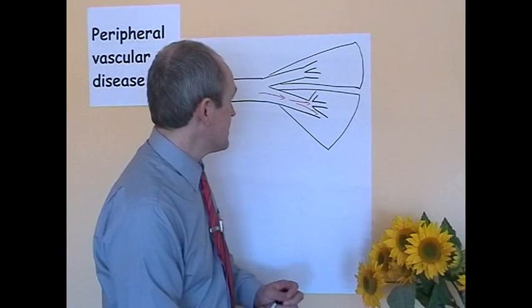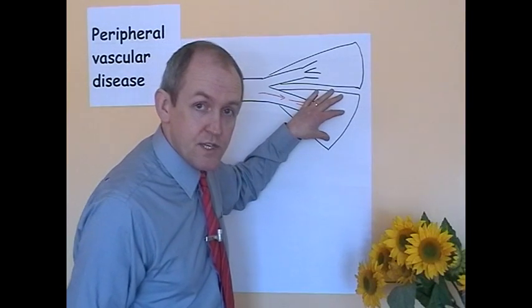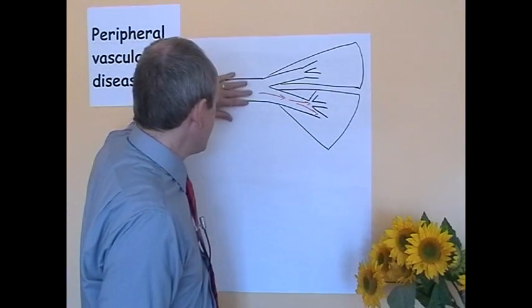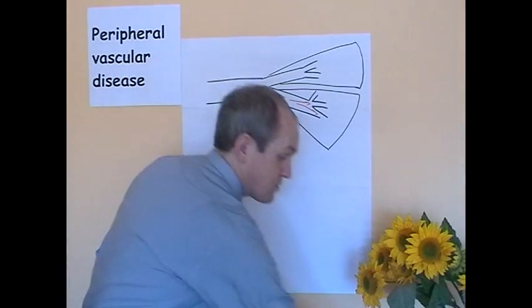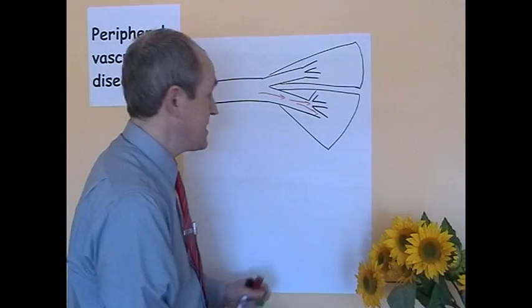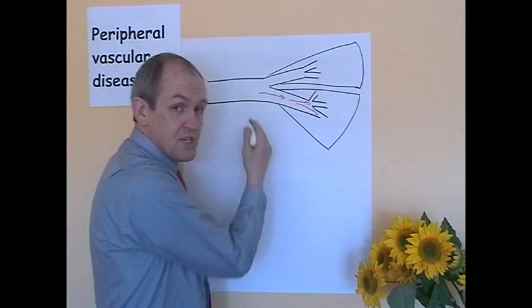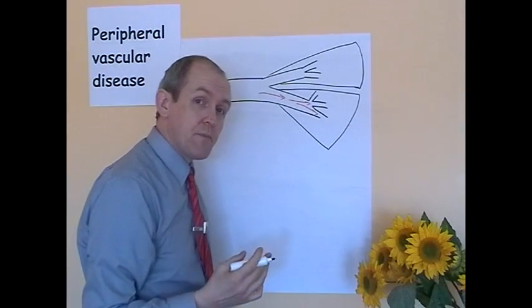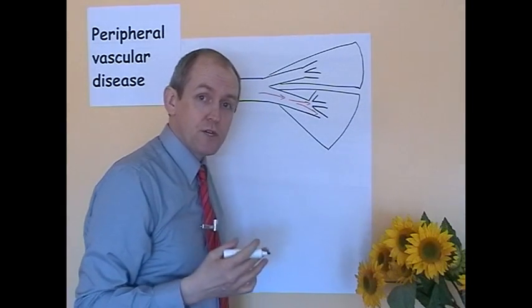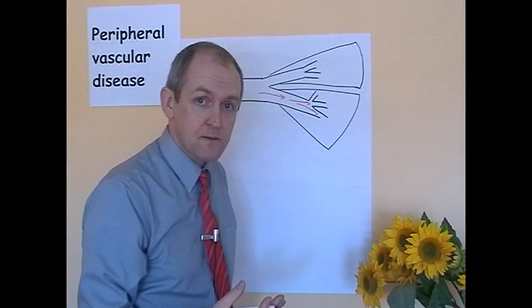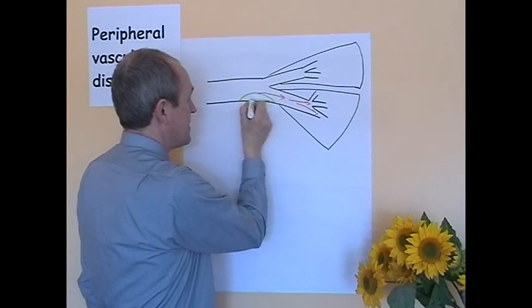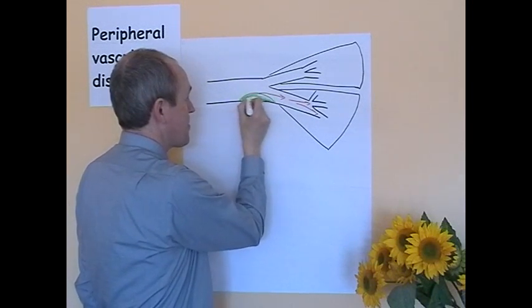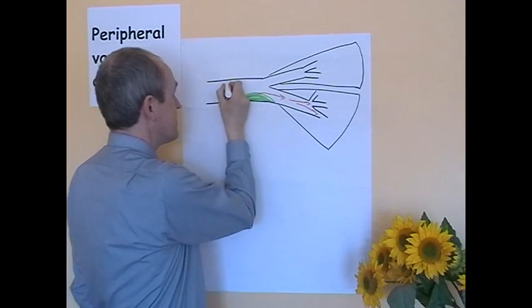Can you see that the perfusion of an area of tissue depends on the fact that the arterial lumen is patent? And of course, one of the big problems these days in the Western world, and increasingly in the developing world, as the developing world adopts Western lifestyles, we get accumulation of fatty deposits in the lumen of the arteries.